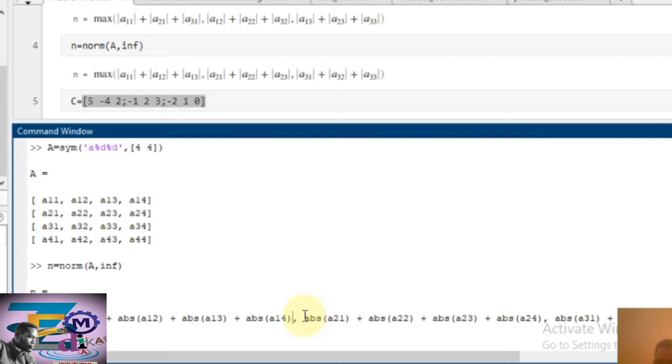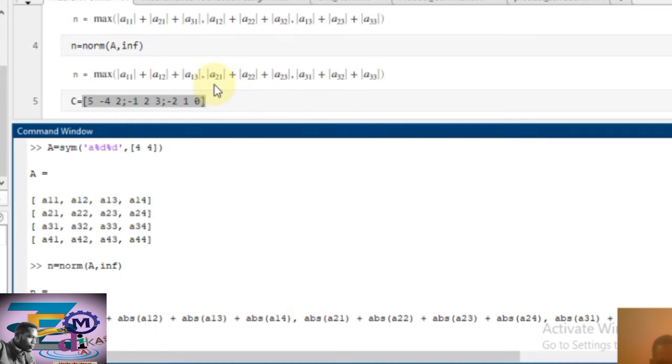So now we'll take some kind of illustration. Let our L matrix be equivalent to a 4 by 4 matrix.